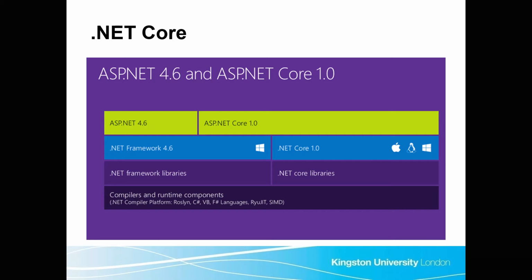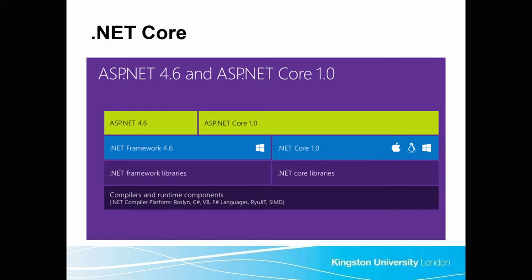Okay, this new version is based on quite a different paradigm to the old style .NET Framework. First of all, it's cross-platform or cross-system, and apart from Windows, it's provided for macOS and Linux.